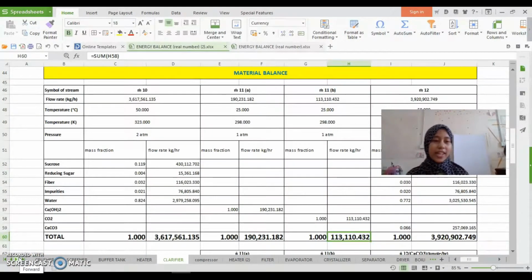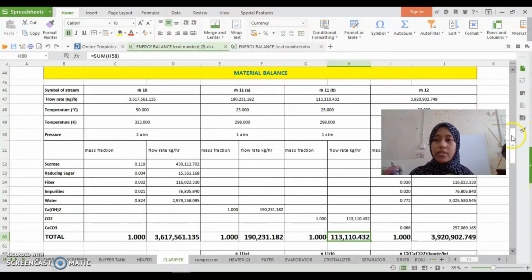The mass flow rate of the sugarcane juice that entering the clarifier is around 3 million from the outlet of the heater, and the mass flow rate of the calcium hydroxide is around 190,000, and the carbon dioxide that we use is around 113,000.